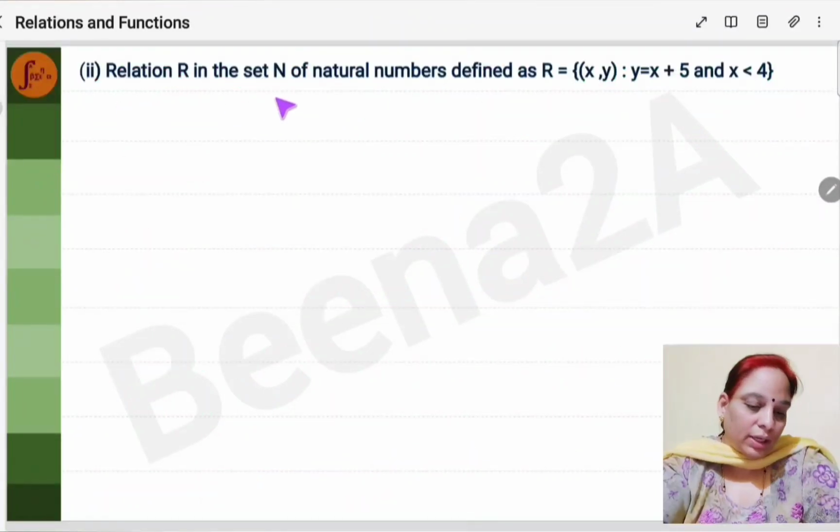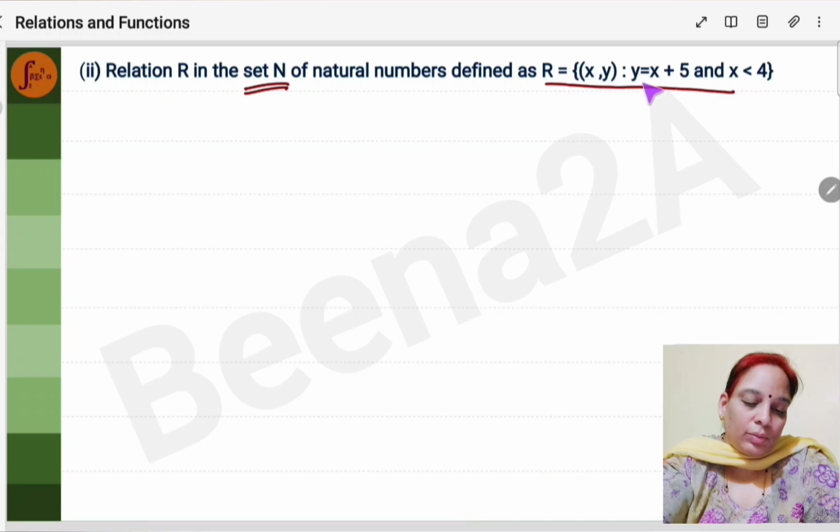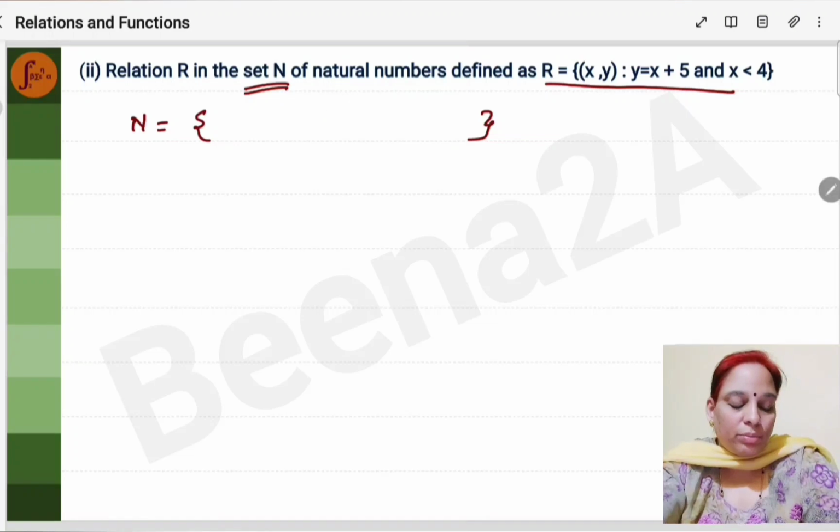Now, let's take the second example. Relation R in the set N of natural numbers defined as y equals x plus 5 and x less than 4. Now, the set is N, the set of natural numbers. What are natural numbers?